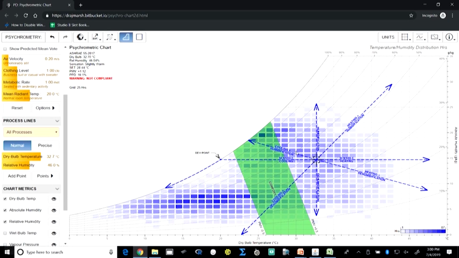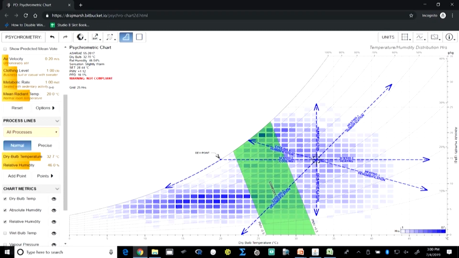From the psychrometric chart, we can only look at the temperature and humidity changes, which is what we can play with. Here it is also showing us the proposed clothing level, and the metabolic rate it is assuming. It is assuming a clothing level of 1 clo and a metabolic rate for a sedentary activity.